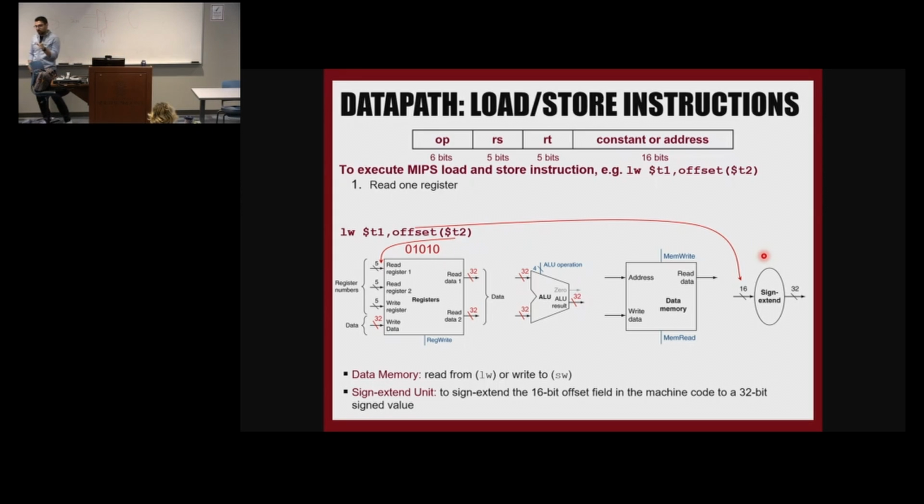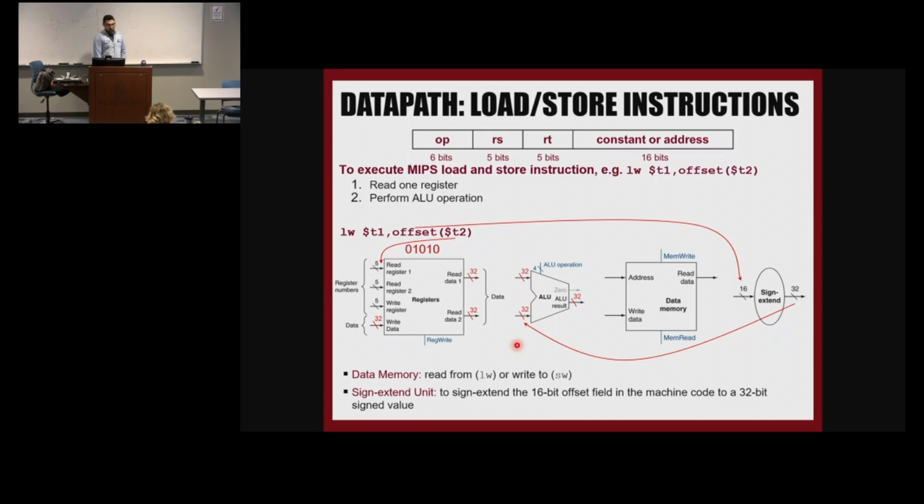So the 16-bit offset is going to the sign extension block to convert it to a 32-bit value. Now the 32-bit value goes back to the ALU. The first input is coming from the register, which is the content of address T2, address 10. And the second input of the ALU is coming from the sign extension block.